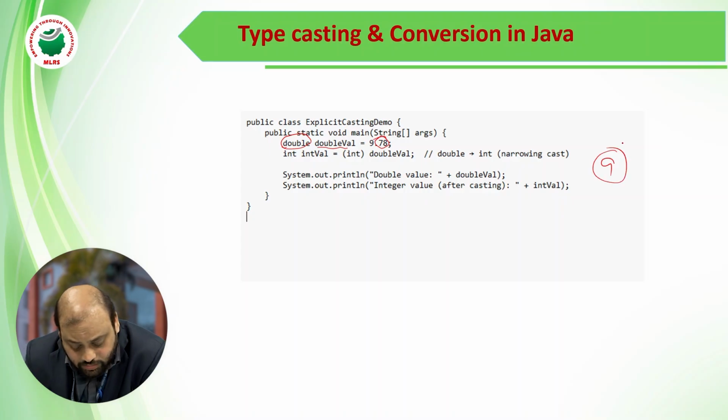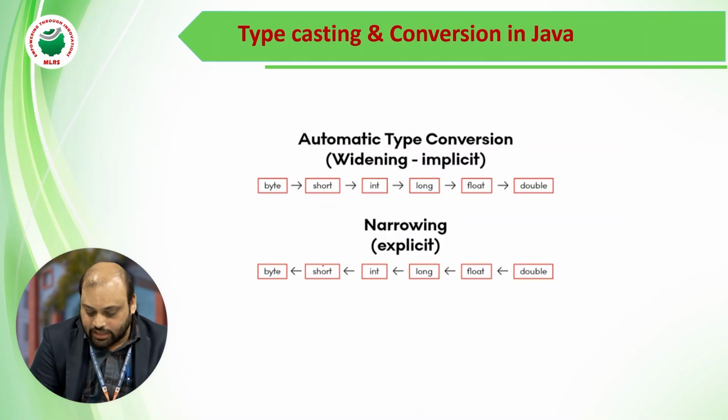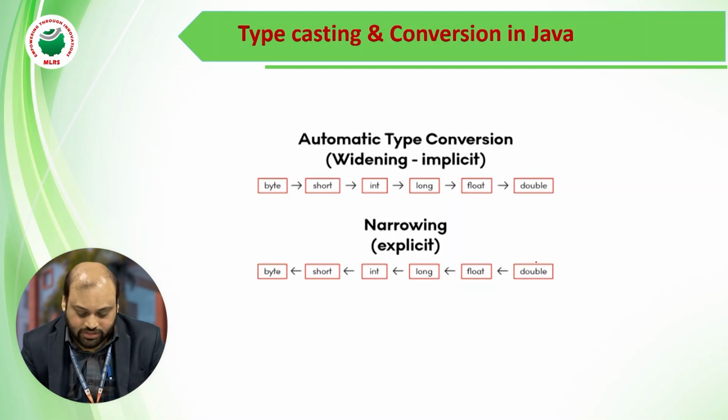So what you are trying to do is store the bigger range data type inside of the smaller one. In the exact opposite way, you are storing a double inside of an integer.